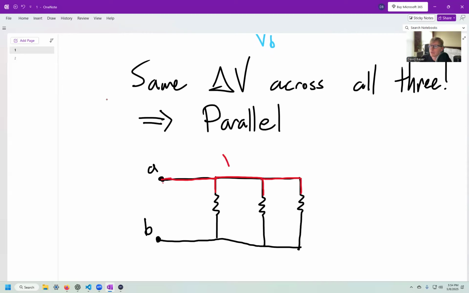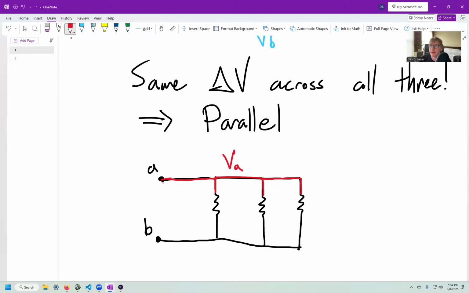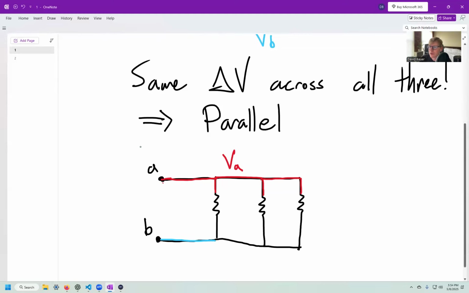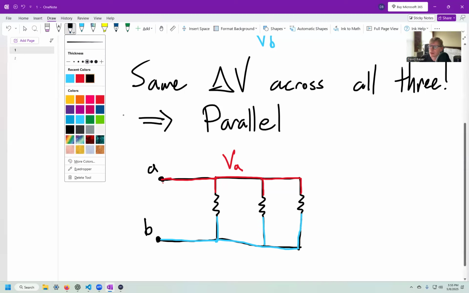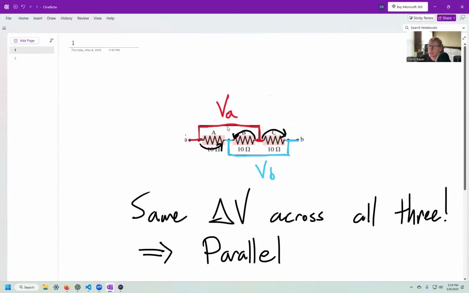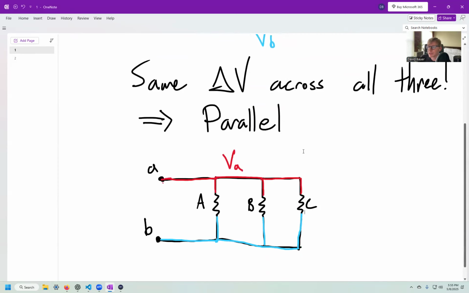Here, everywhere up here is at potential VA, and everywhere down here is at potential VB. Okay, and these are our resistors, A, B, C. Right? So these two are the same circuit.